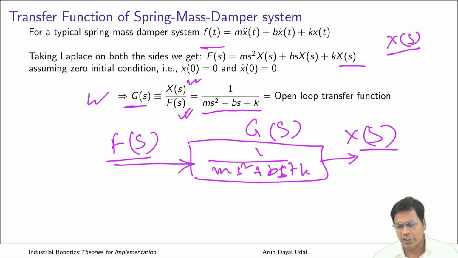Let us see how this represents the behavior of your system. You can clearly see you have something in the denominator. You are very much familiar with this already. This was your characteristic equation of the spring mass damper system, and the roots of this we use to analyze the behavior of your system.